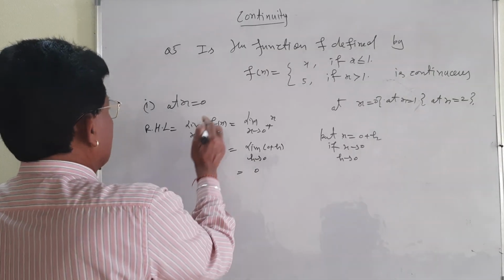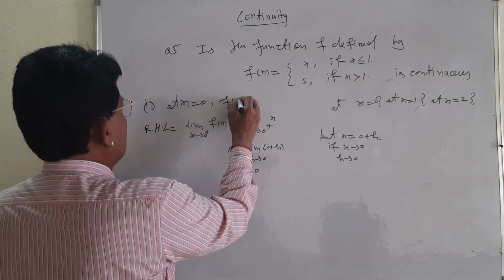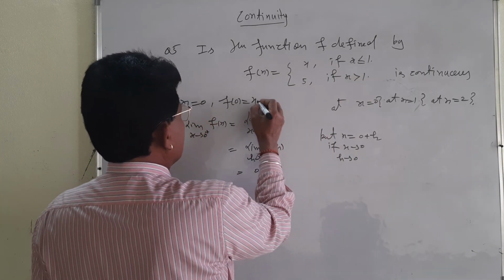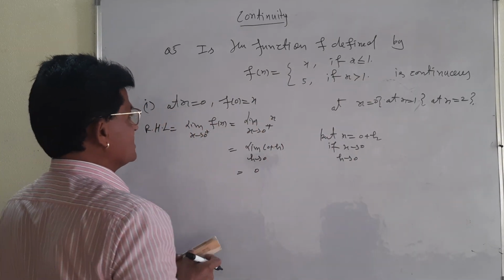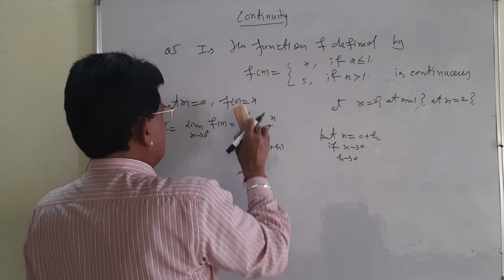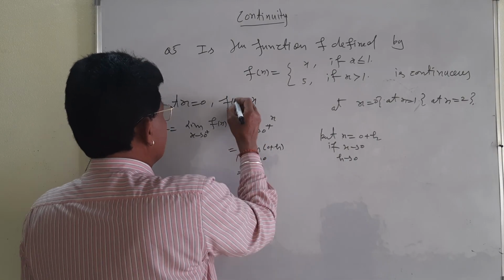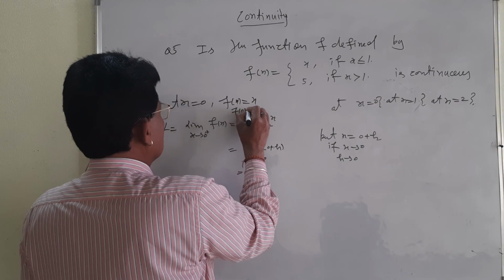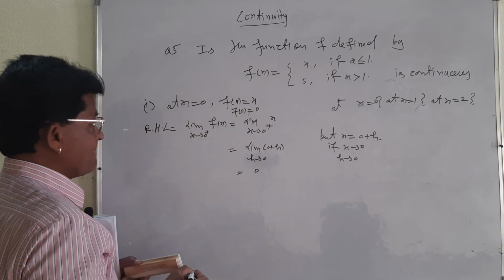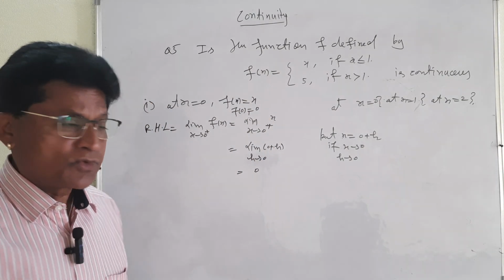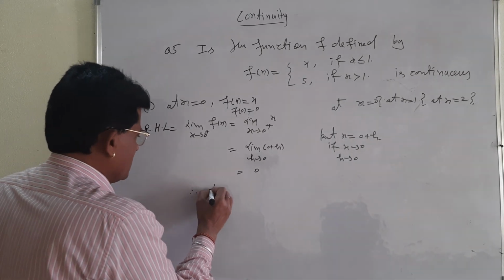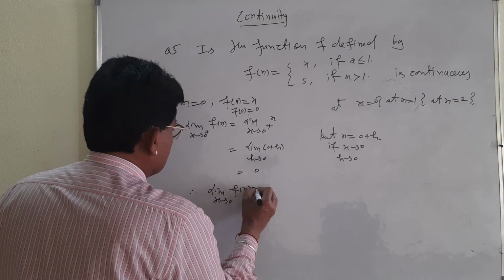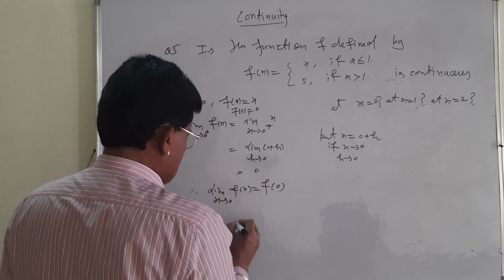Okay? And already f(0) will be equal to what? When 0 is less than or equal to 1, that will be x. In place of x, what will you write? 0. f(x) is x, and f(0): in place of x you write 0. That will be 0. That is why you can say that, my dear student, therefore limit x tends to 0 of f(x) will be equal to f(0).